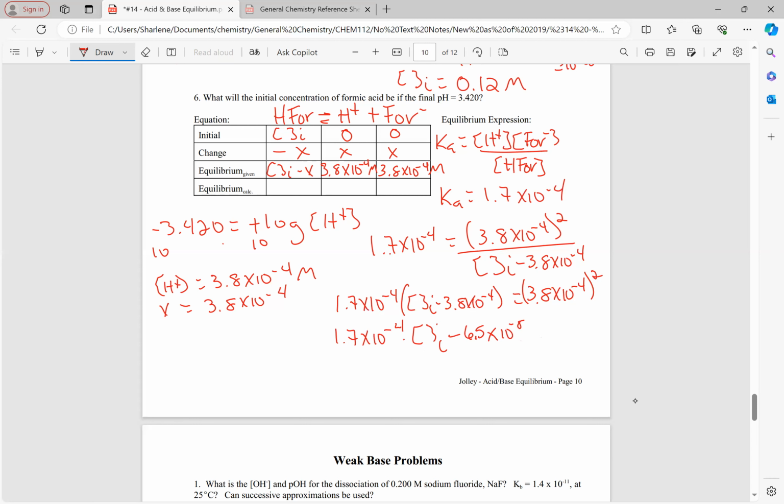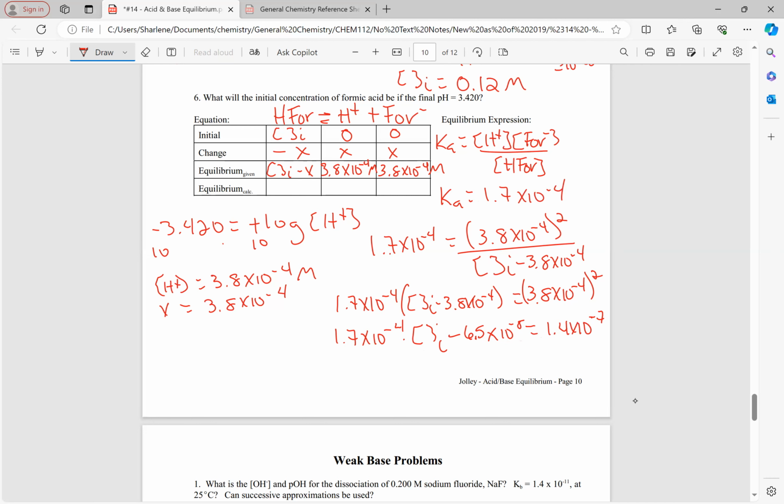Check that again. Yep. All right, is equal to 3.8 to the negative fourth squared, and that is 1.4 times 10 to the negative seventh. Check that again. Yep. Okay.